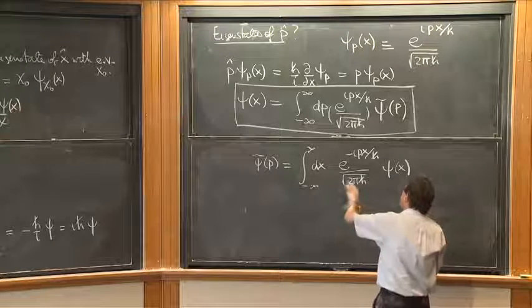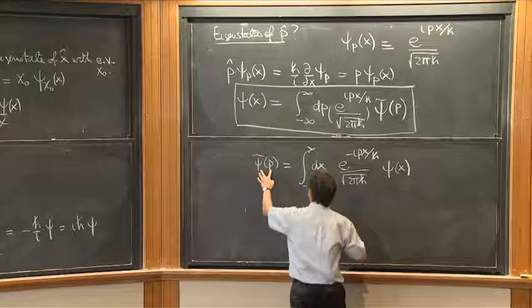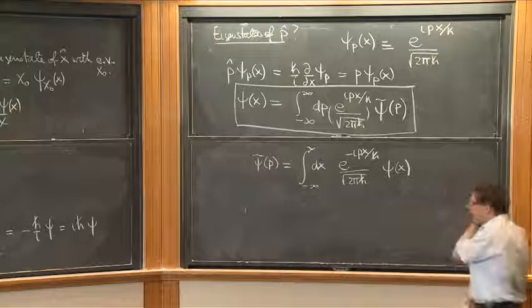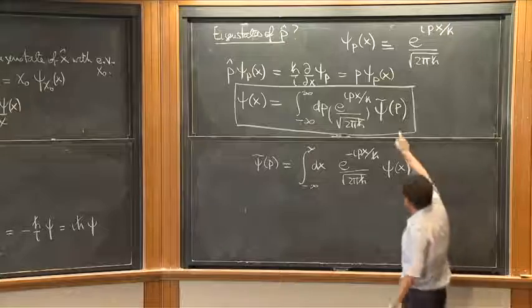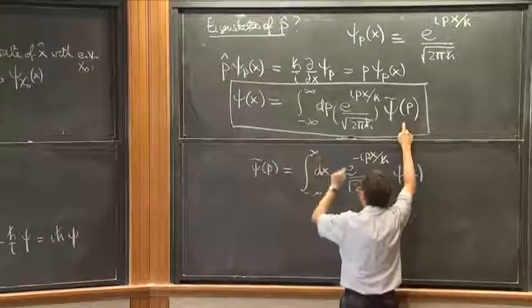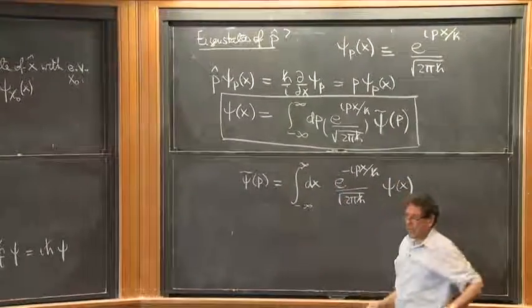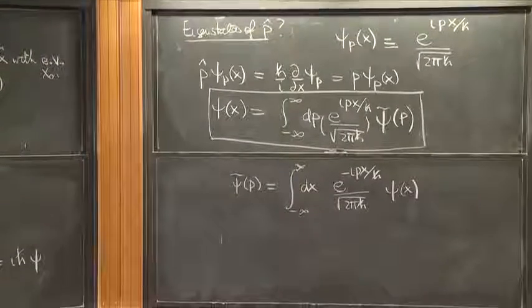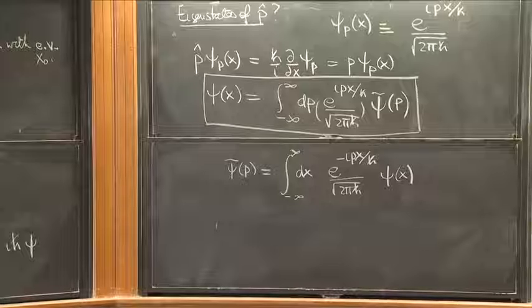Now, here is the opposite one. Psi tilde of p and psi of x are related in this way. So these coefficients, if you want to calculate them, you calculate them this way. But now let's think of it as a change of representation.